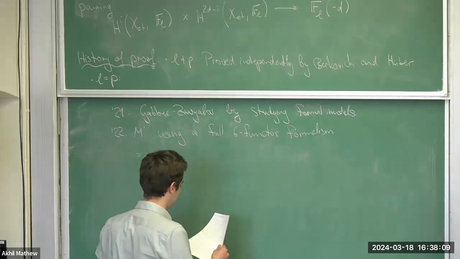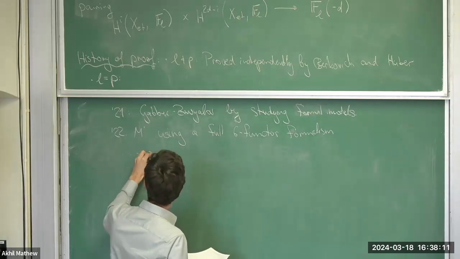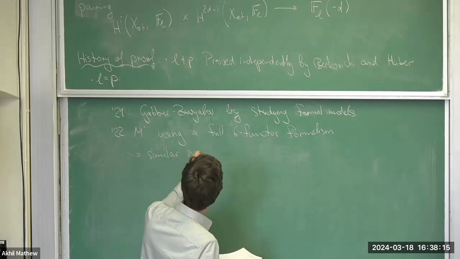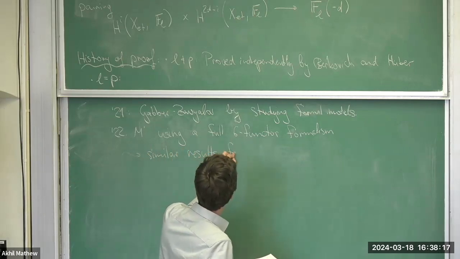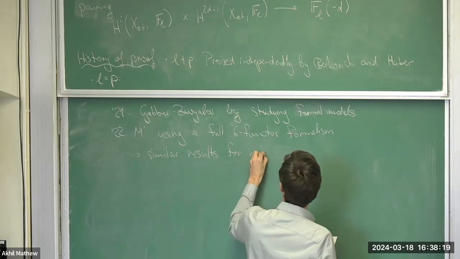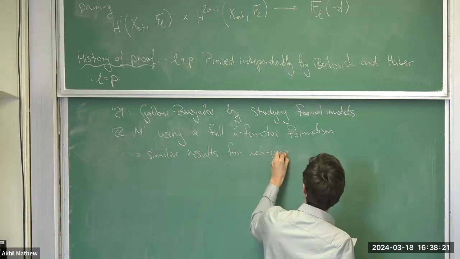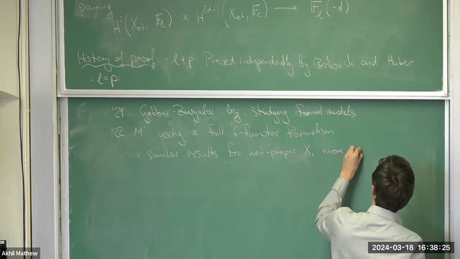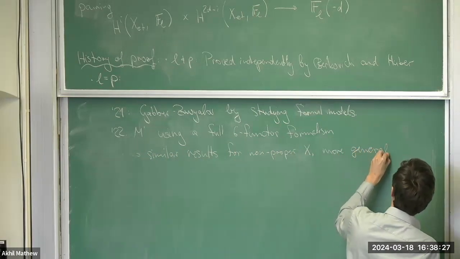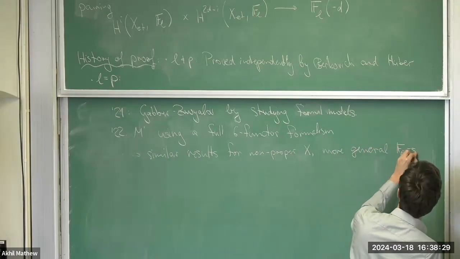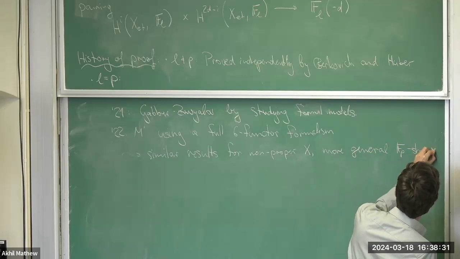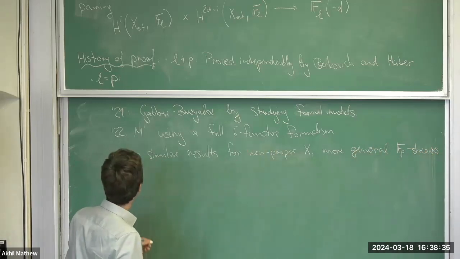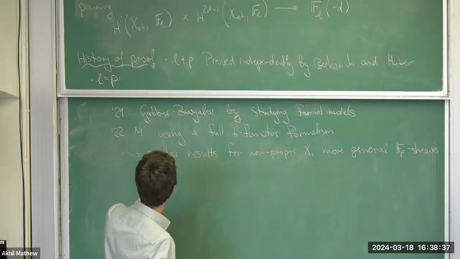So you get similar results for non-proper X, more general coefficients, for example you can take your favorite local system if you want, and the relative setting.